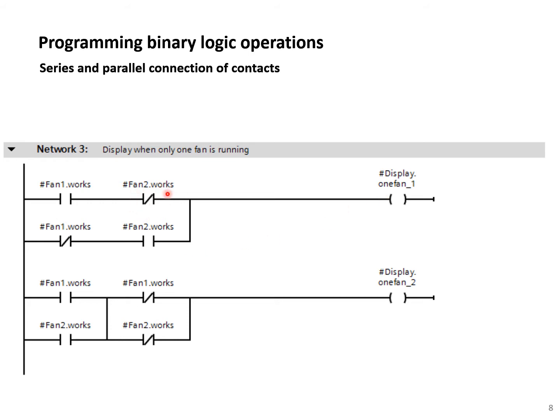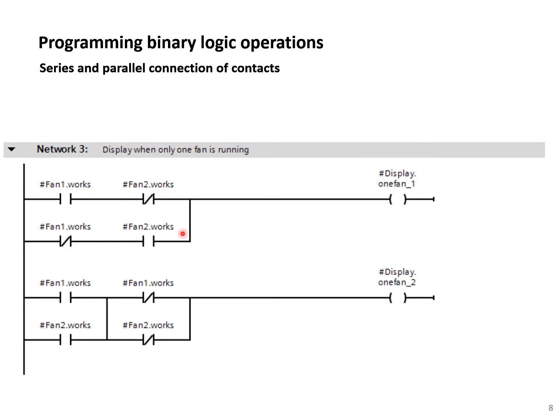But if fan 2 works at the same time as fan 1, then this contact will be false, and the pilot light will be false, or off. So if both fans work at the same time, this pilot light will be off.